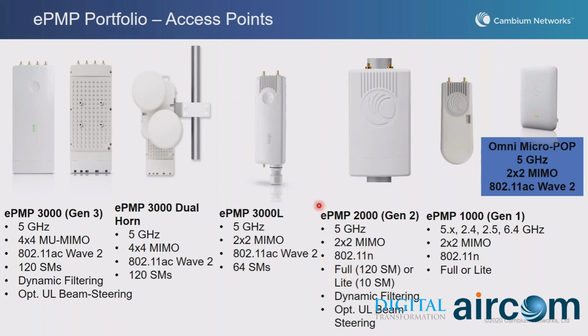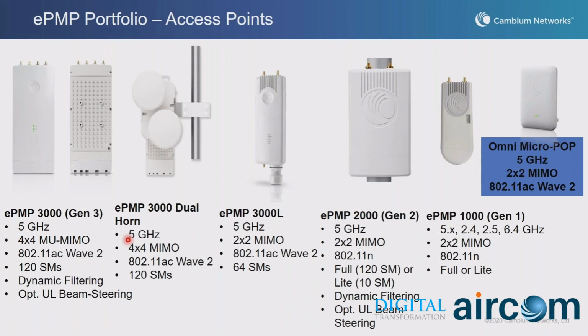The way the access point speaks with the subscriber module in a pure MIMO, or single user MIMO network, is that the access point speaks to one subscriber module at a time using one time slot, since this is a TDD based technology. But with multi-user MIMO, as the name implies, the access point can speak with more than one subscriber module using that same time slot that it was using with the single user MIMO network.